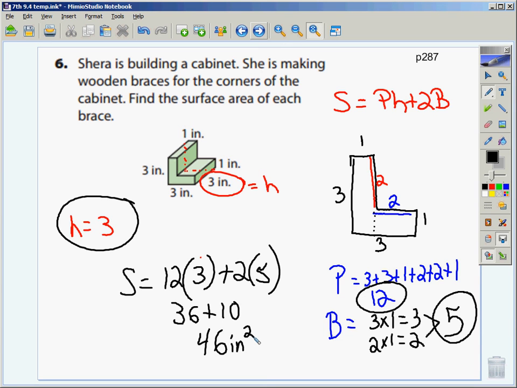You'd have to calculate 8 areas of the individual pieces and add them all together. Would you rather calculate the perimeter and the area of a base from one shape, or would you rather have to add 8 pieces together to get to the answer? This is much simpler. Okay? And the hard work comes from separating out what? That one shape. And being able to clearly identify what the height is.